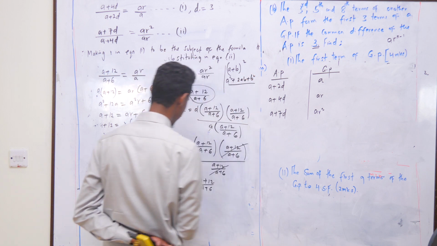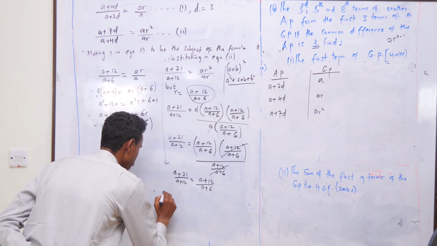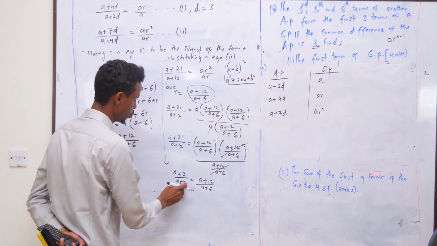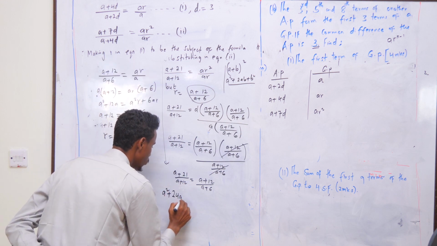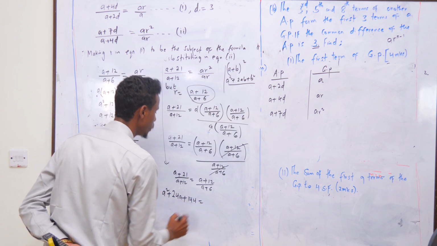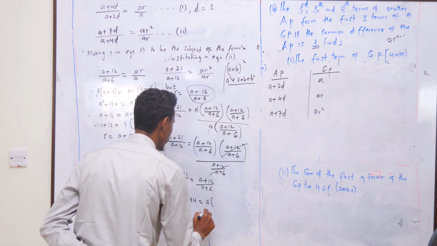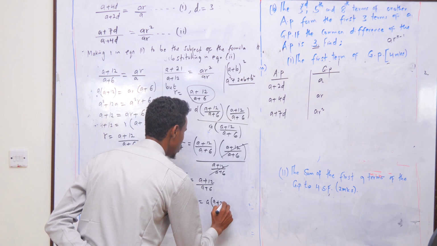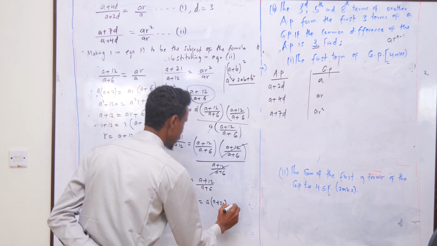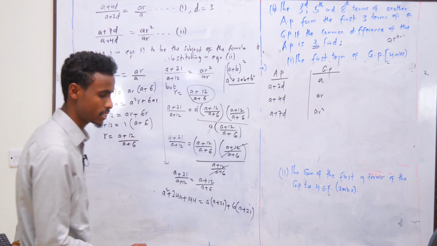A similar case applies here. (a + 12) multiplied by (a + 12) will be a squared plus 24a plus 144, 12 squared being 144. This equals a into bracket (a + 21) plus 6 into bracket (a + 21). Very simple like that.